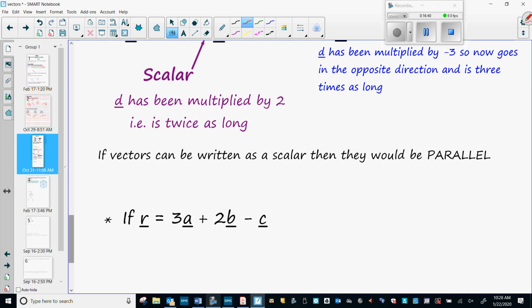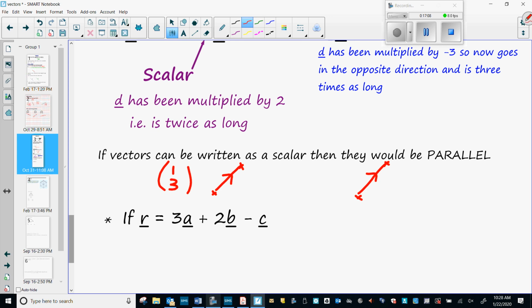If vectors can be written as a scalar multiple of each other, then they must be parallel to each other. Because let's say a vector is 1, 3. If we moved across 1 and up 3, and from this position we moved across 1 and up 3 again, we know those lines have to be parallel.